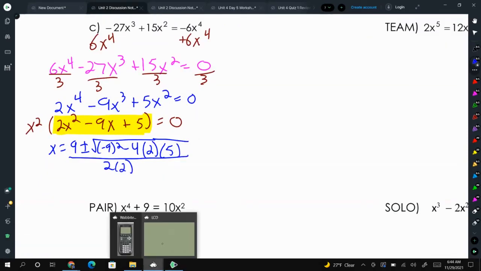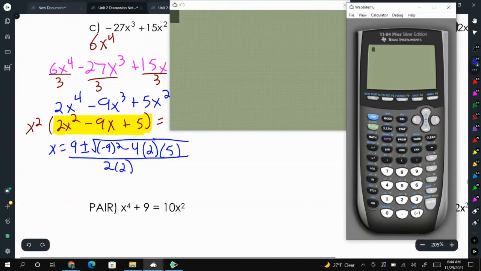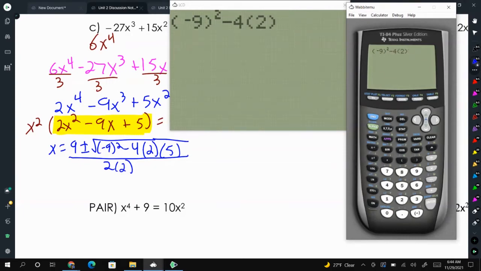So we're going to type this into our calculator. I'm going to type in the discriminant first: negative 9 squared minus 4 times 2 times 5. I get 41.